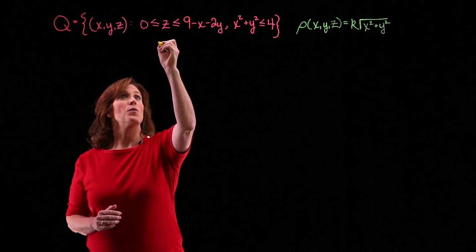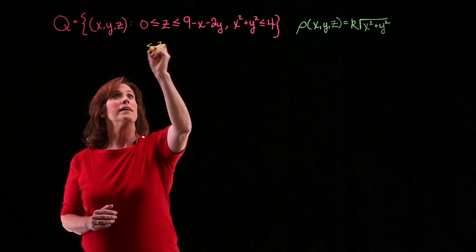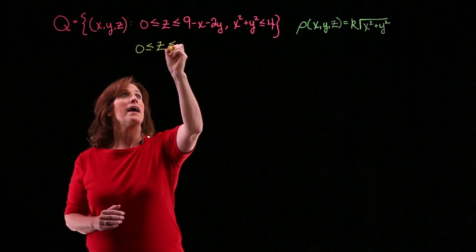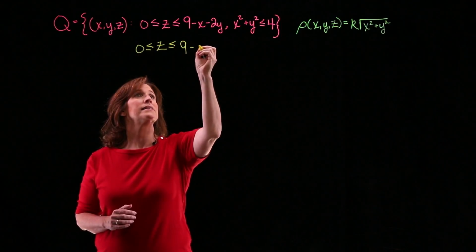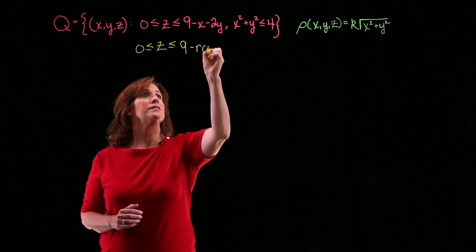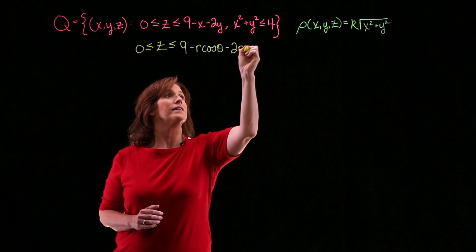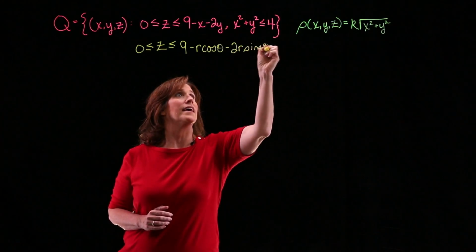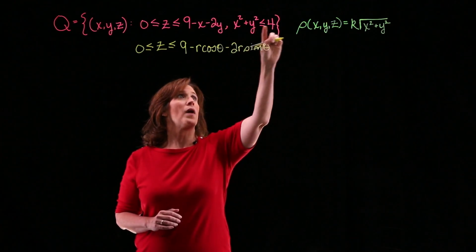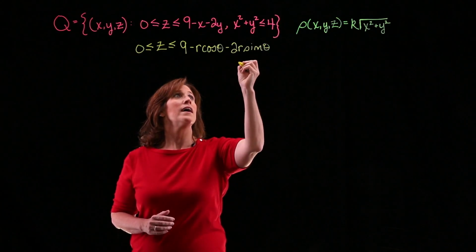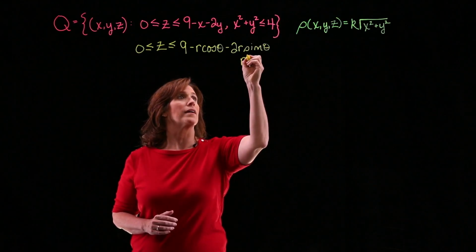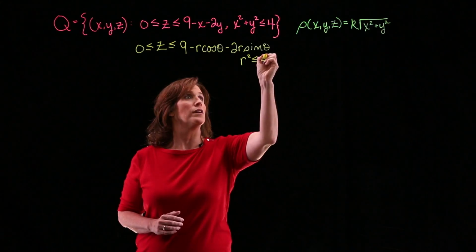So z is going to be between 0 and 9 minus r cosine theta minus 2r sine theta. And x squared plus y squared is less than or equal to 4 can be written as r squared is less than or equal to 4.